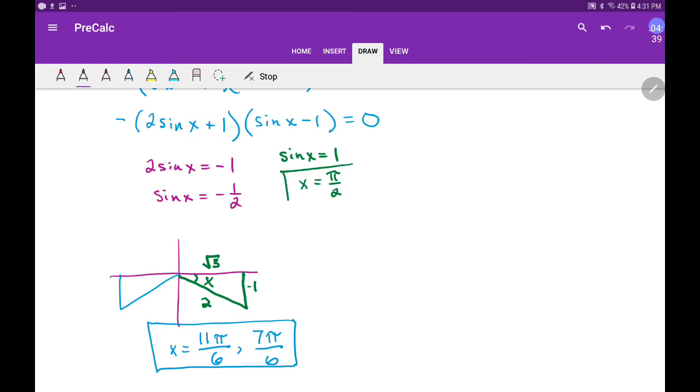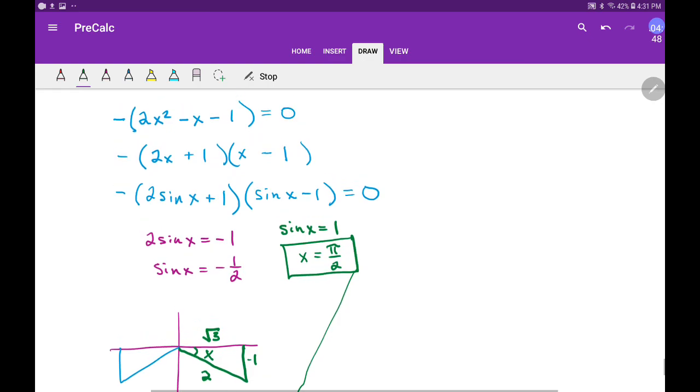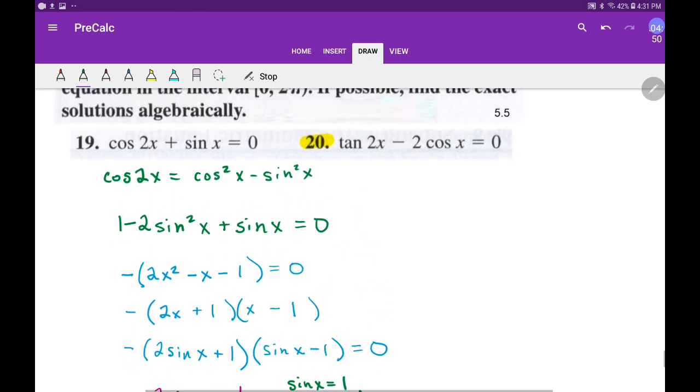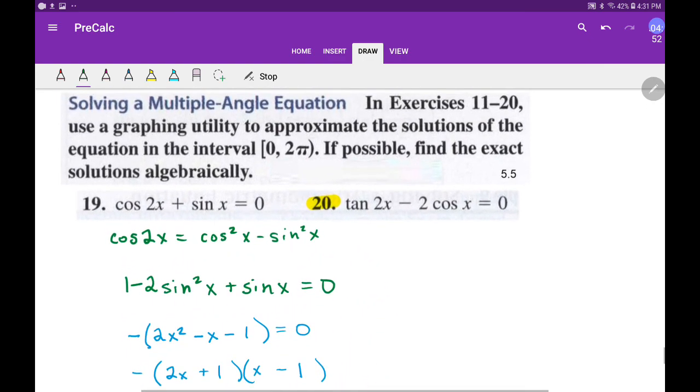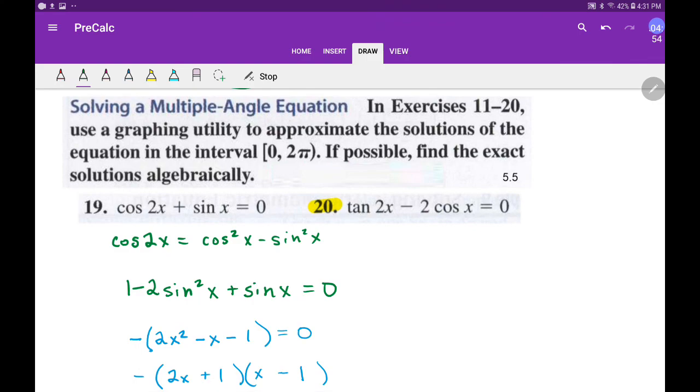And so that's my other answer, pi over 2. 3 pi over 2 is negative 1. So these are my two answers right here. And I'll verify that and tack up a picture of the graph. But those are my solutions, and they ought to be good. My graph should confirm that those are true, but they are good.